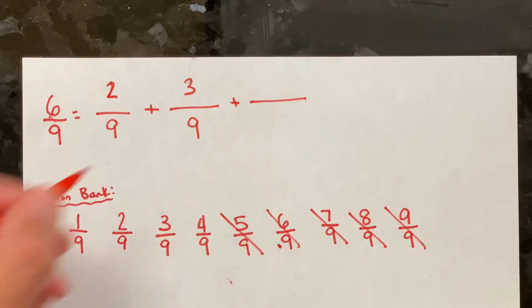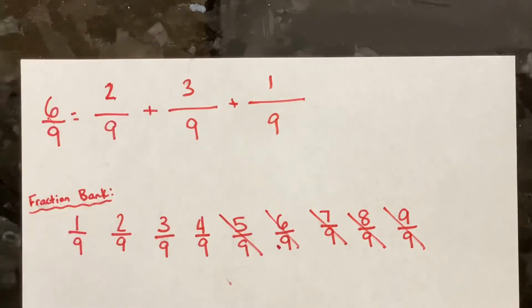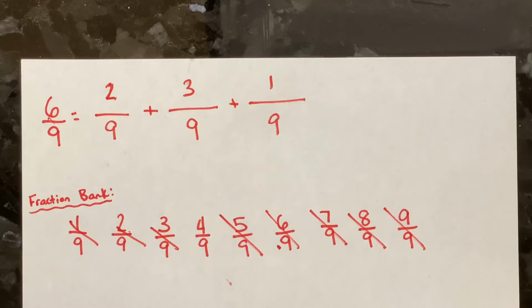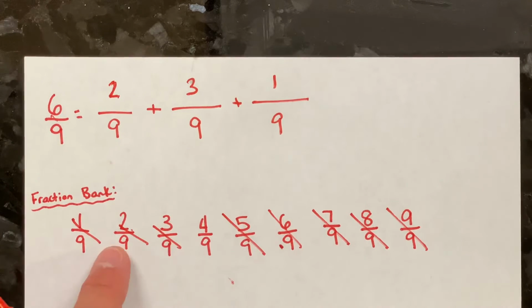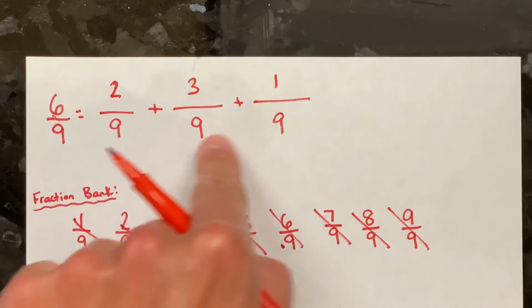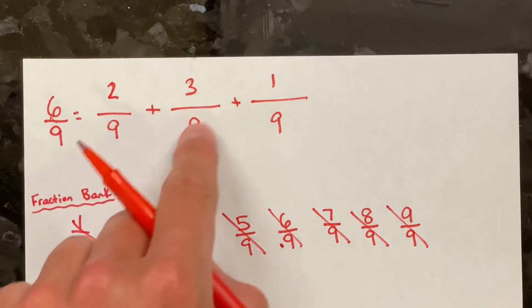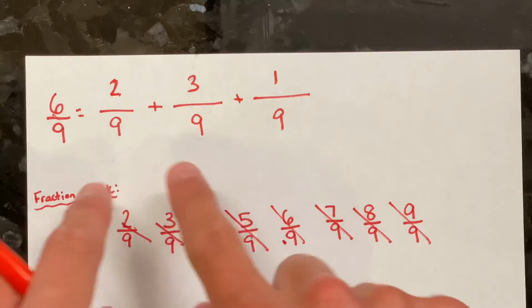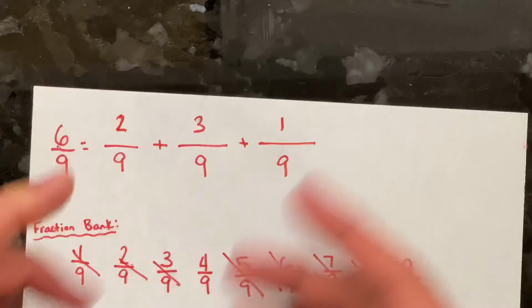Well, that only leaves me with 1 more 9th. And I'm all set. And I actually think that on the computer, you can reuse some of these numbers. So I could have done 2/9 and 2/9 and 2/9. 4/9, 1/9, 1/9. There's a whole bunch of different ways I could do it. But make sure you're paying attention to what makes sense. If I've got 3 blanks, I have to use them all.